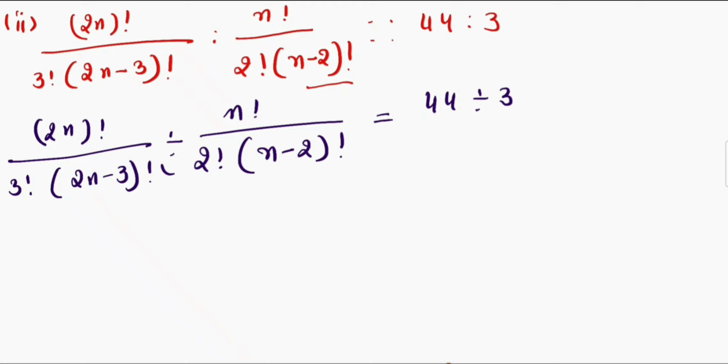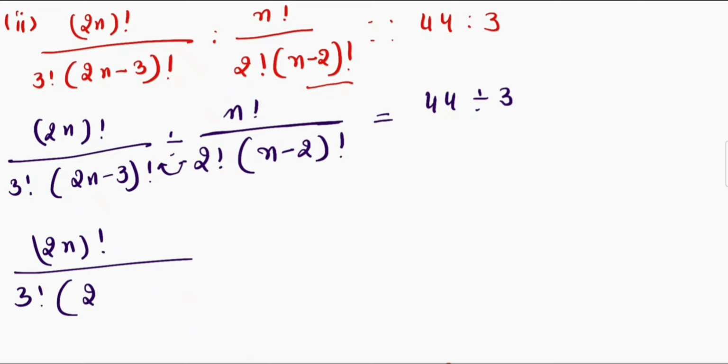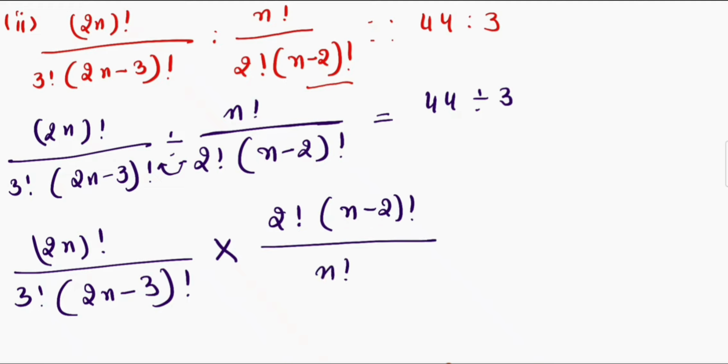Now we can change this division sign to multiplication by interchanging numerator and denominator. So this we can write as 2n factorial divided by 3 factorial times (2n minus 3) factorial, multiplied by 2 factorial times (n minus 2) factorial divided by n factorial, is equal to 44 divided by 3.